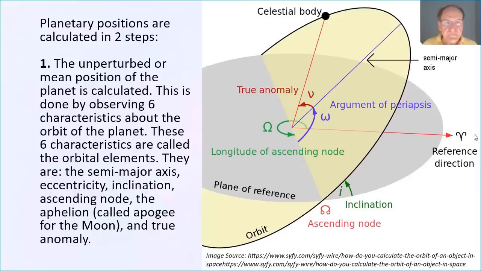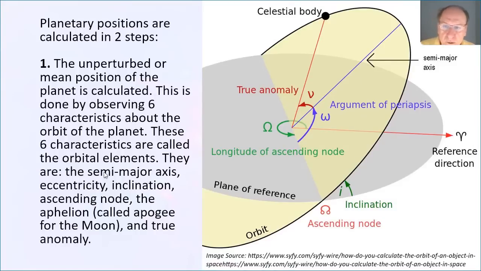Those are called perturbations, mostly from the gravitational attraction of other objects, and there could be other reasons why this beautiful undisturbed motion changes. So 2 steps: first, you get the unperturbed position from the 6 orbital elements, and then secondly, the perturbations are brought in to perfect the calculations.